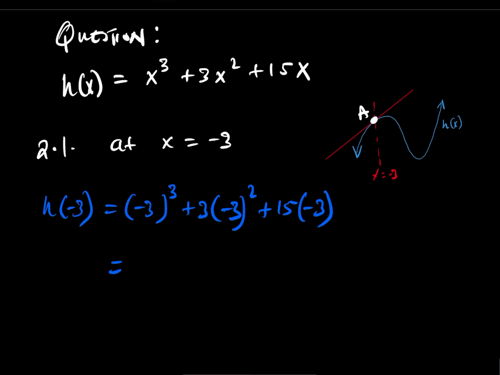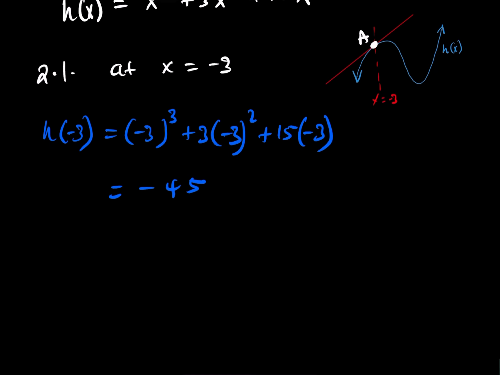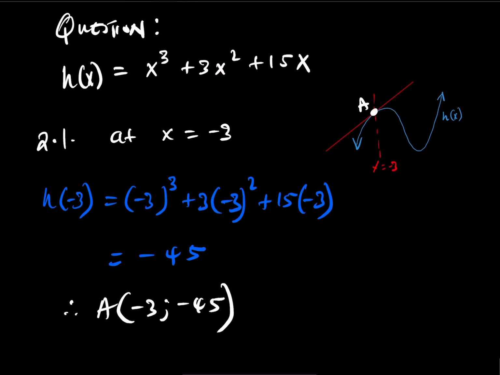I'm getting -45. So that means the point of contact at A is -3 for x, and the y is -45. So this is the point where that tangent line passes through.